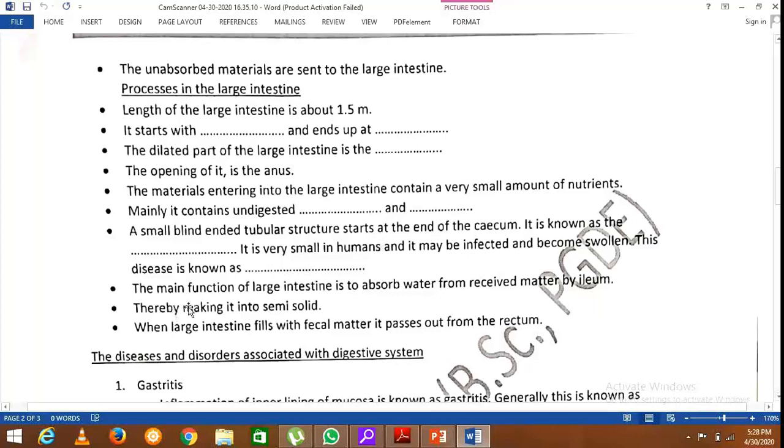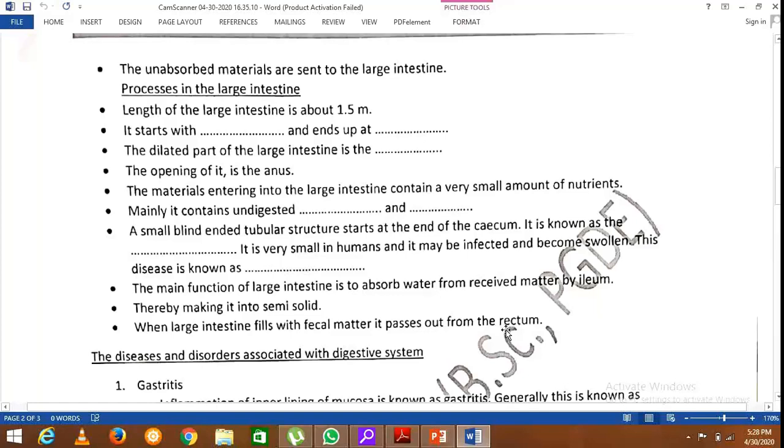The main function of the large intestine is to absorb water from matter received from the ileum, the last part of the small intestine. Thereby, the undigested material is converted into a semi-solid medium as some of the water is absorbed. When the large intestine is filled with fecal matter, it passes out from the rectum.